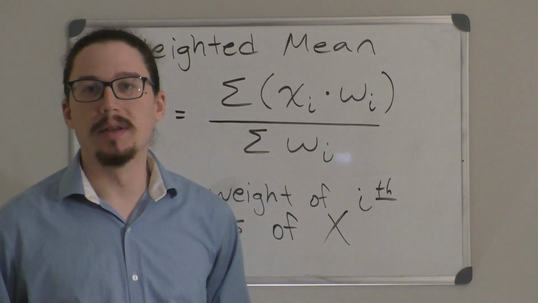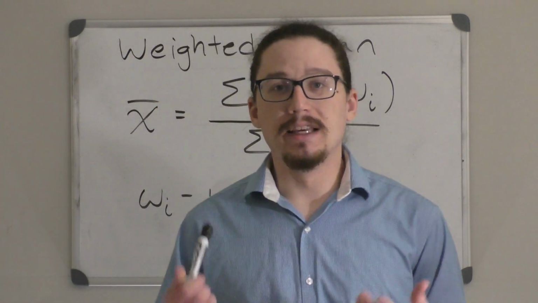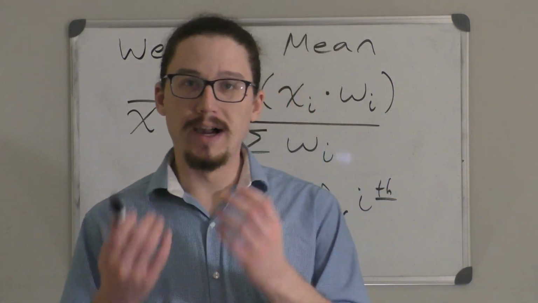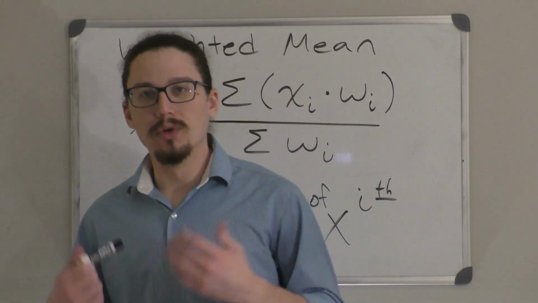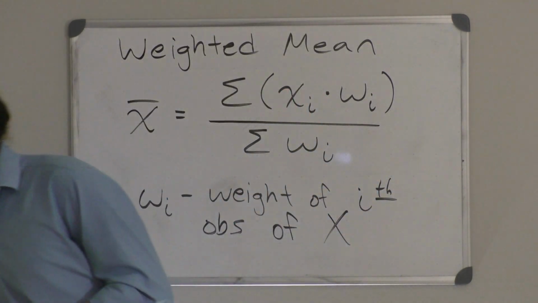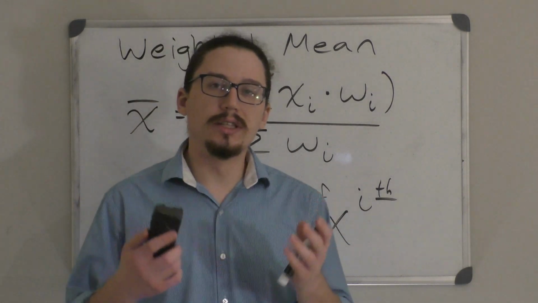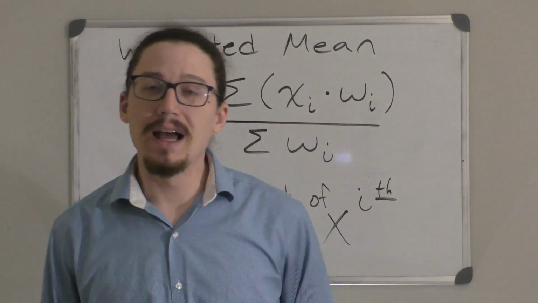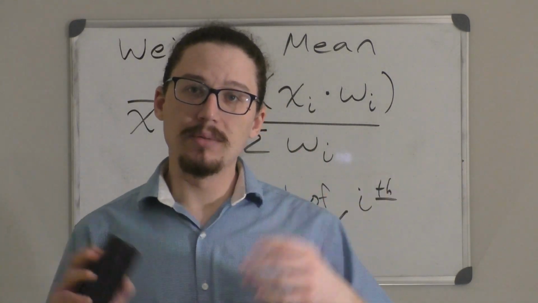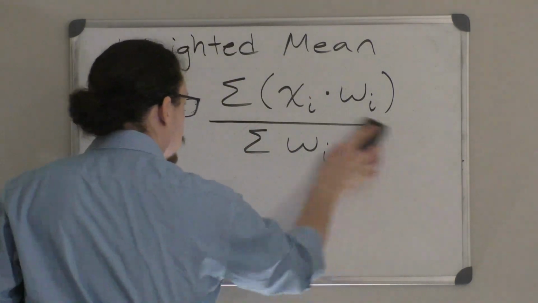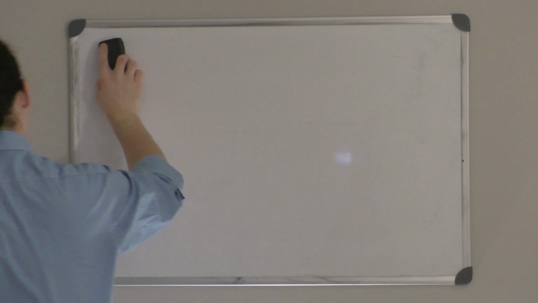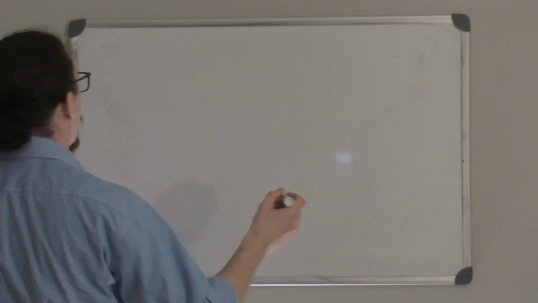One of the places that I personally see these weighted means most commonly is in my grade book. Your final grade is going to be a weighted average. If you look through the syllabus, which hopefully you have, you will see that there are different assignment types that have weights to them.